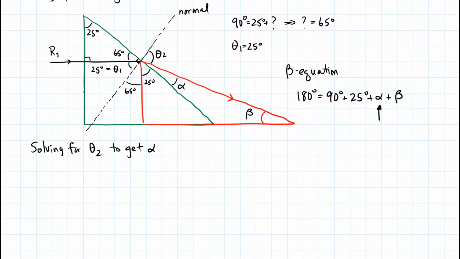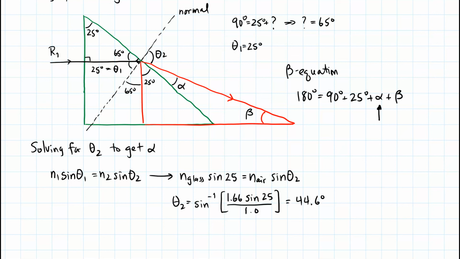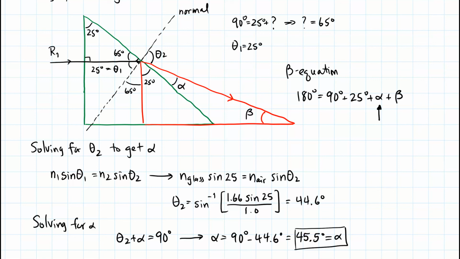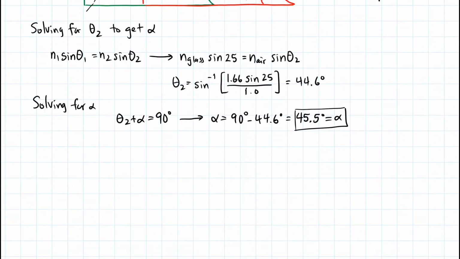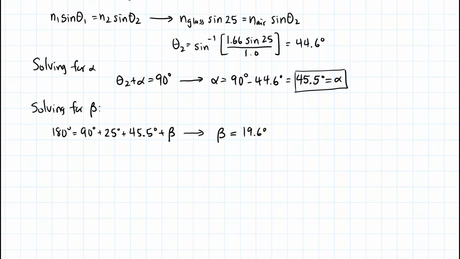Applying Snell's law to get theta 2, we write, now solving for theta 2, we get an angle of 44.6. Now solving for alpha, we get that alpha is 45.5, and finally we can solve for beta.